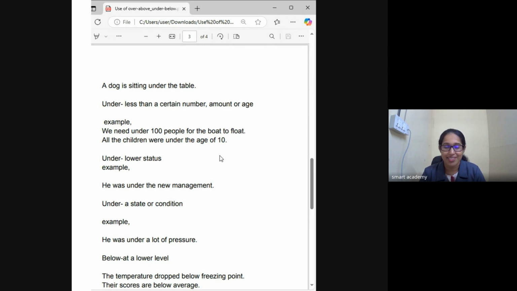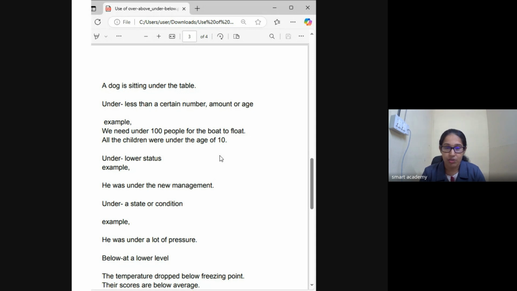Under a lot of struggles, under a lot of medicines, under the influence of a lot of painkillers he was suffering. He was under a lot of pressure, under a lot of strain.